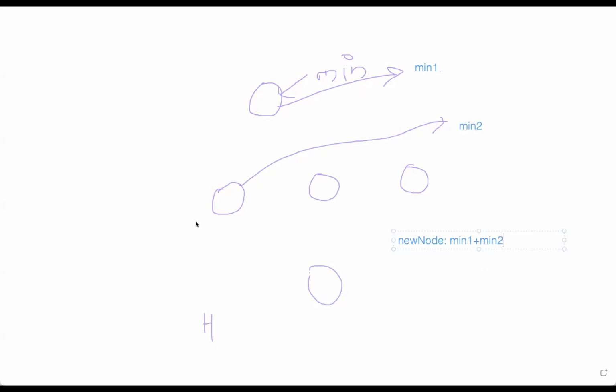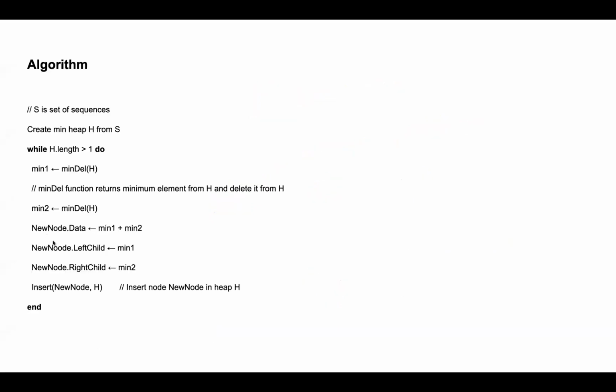And what this algorithm is saying is: this new node's left child will be the minimum, mean 1, and the right child will be assigned as mean 2. Okay, it is a Kalloc-Malloc function like structure.